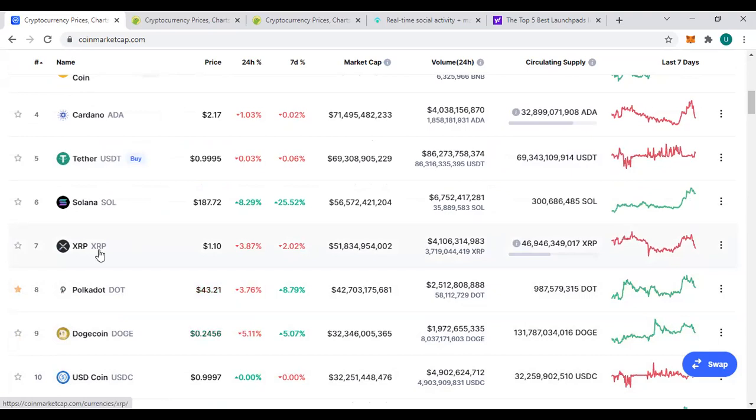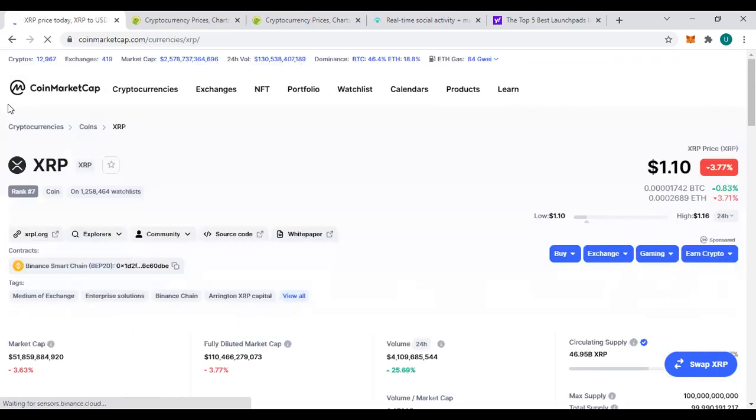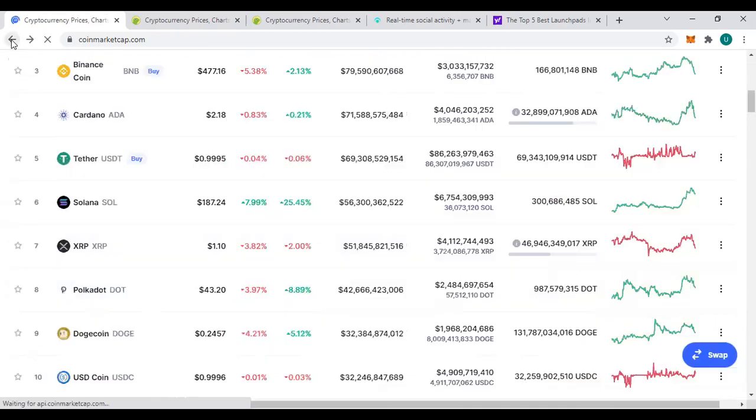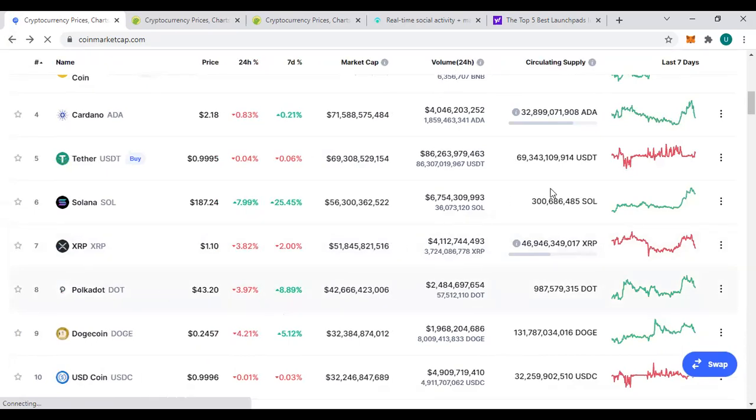Previously, it was BTC first, Ethereum second, then Ripple. But now Ripple is underperforming because there are so many altcoins performing very massively, like ADA and Solana. All of these have their own ecosystem and blockchain.